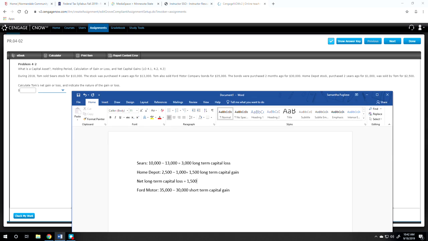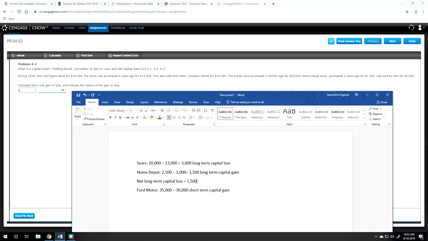So then number 4 tells us if step 2 above results in a net long-term capital gain, it is offset by any net short-term capital loss, resulting in either a net long-term capital gain or a net short-term capital loss.